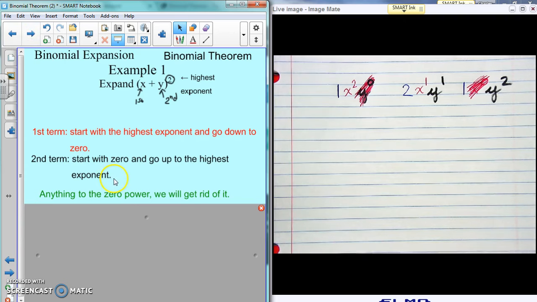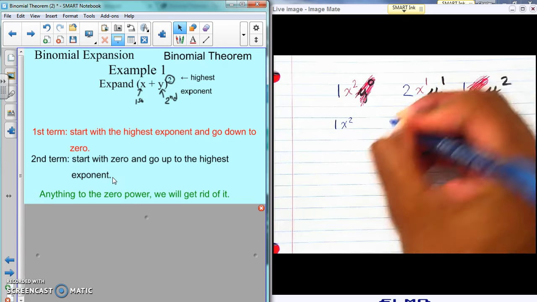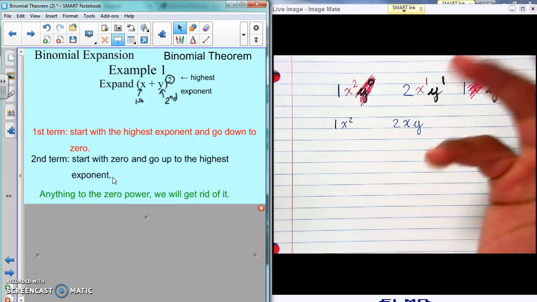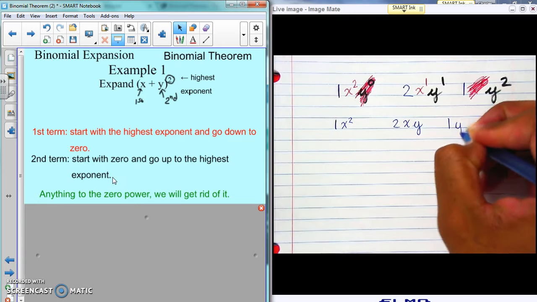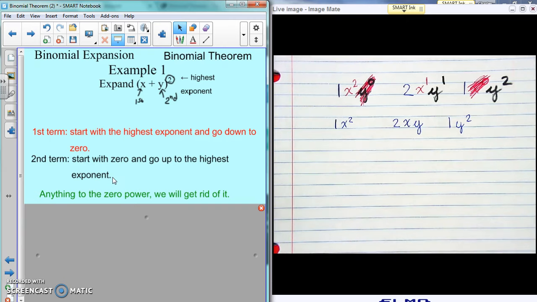Okay, so the last thing to do is rewrite all these things down. And if you want to drop the ones, this is the time you drop those ones. You don't need them unless you just want them. And here, I can drop those ones also if I wanted to. All right, and then the last thing is to make sure we add our addition signs.